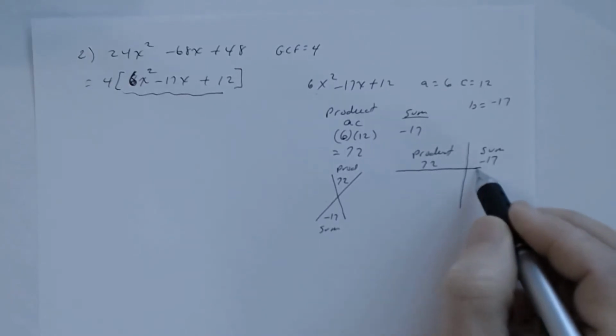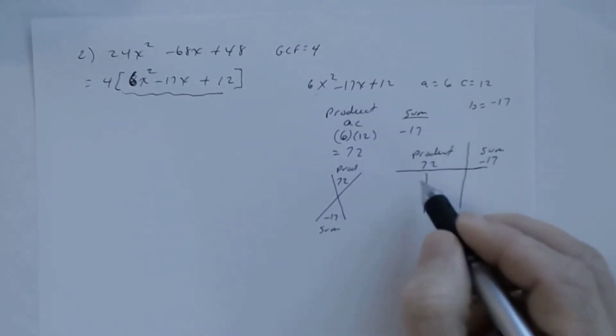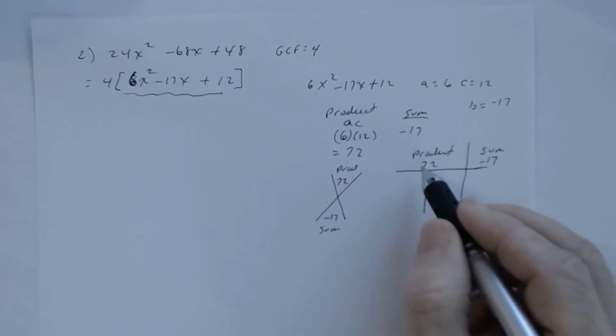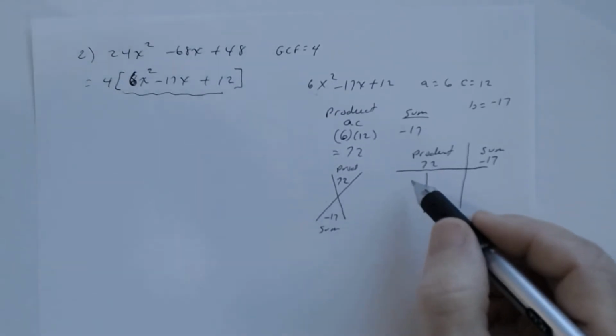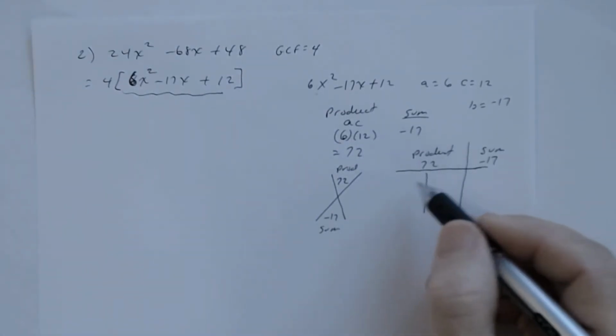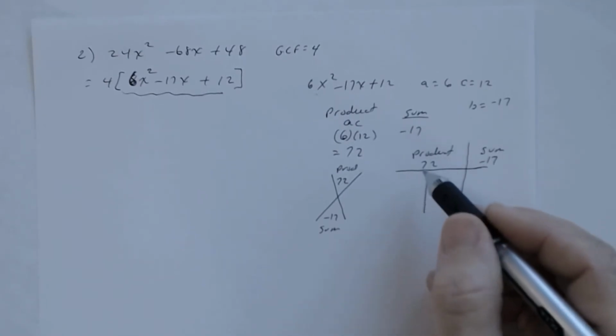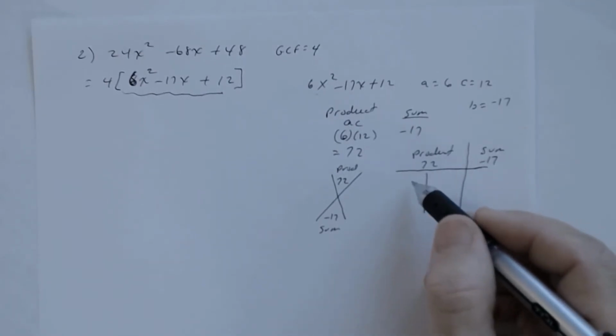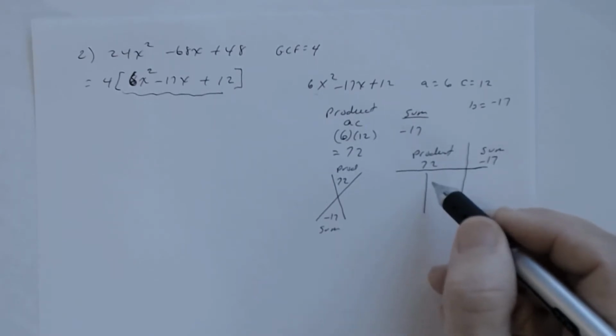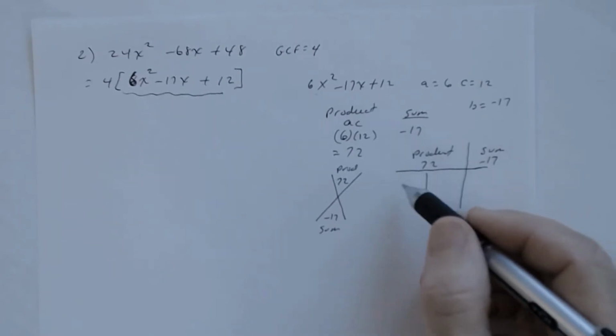The two numbers, when multiplied, have to be positive, so either they're both positive or they're both negative. Y'all agree?